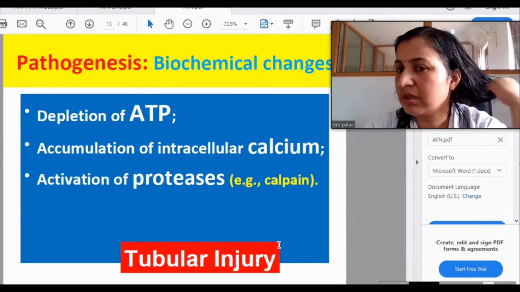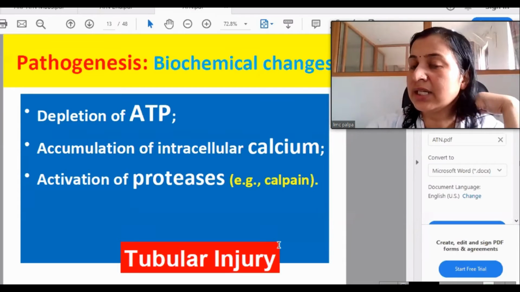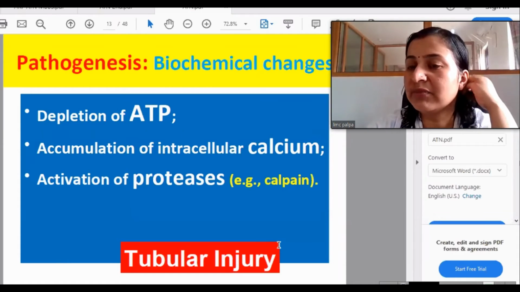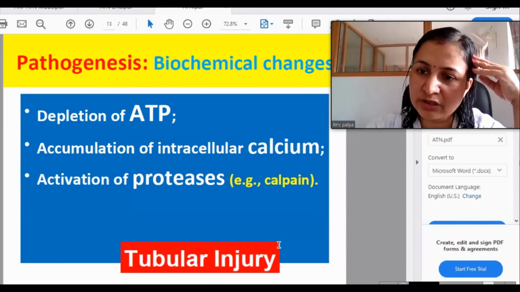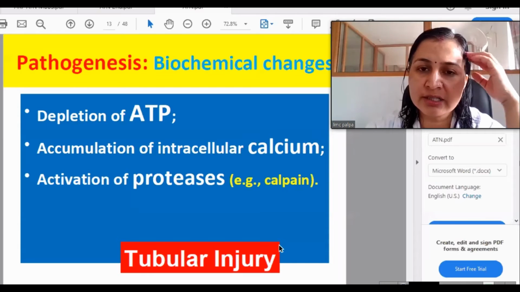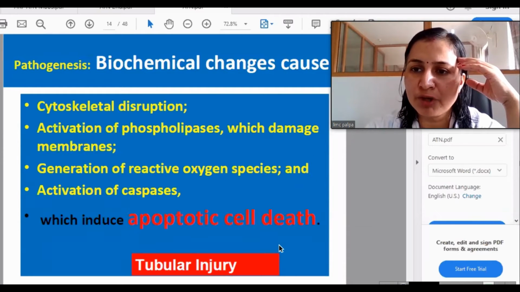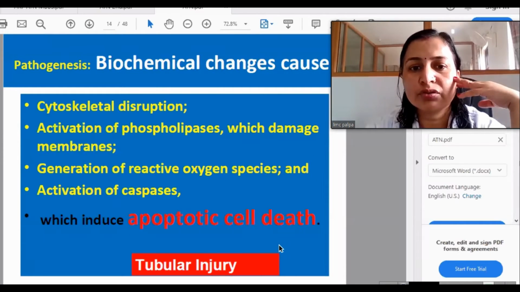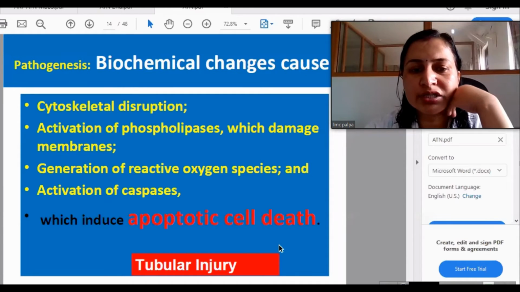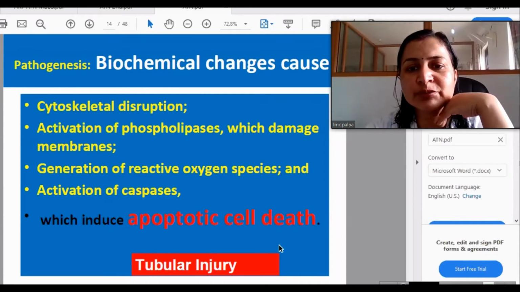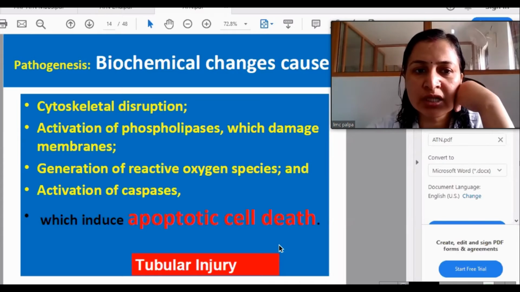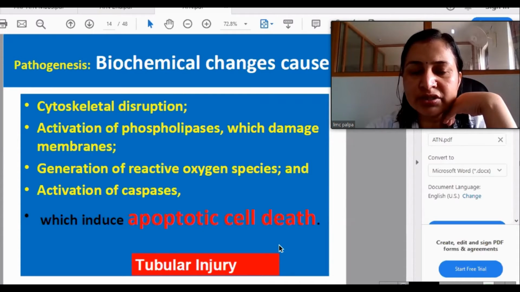If you remember the definition of cell death or necrosis, the irreversible changes occur when there is accumulation of calcium. That is the point of no return. So these all lead to activation of caspases, reactive oxygen species generation, phospholipase activation, and cytoskeleton disruption.